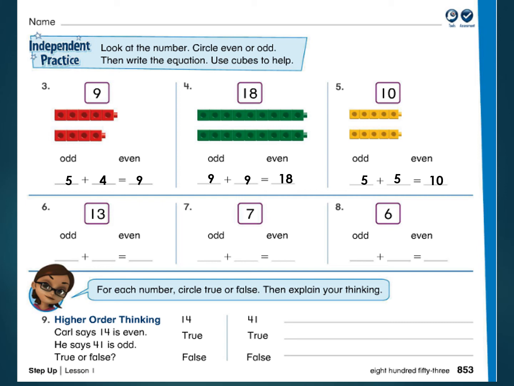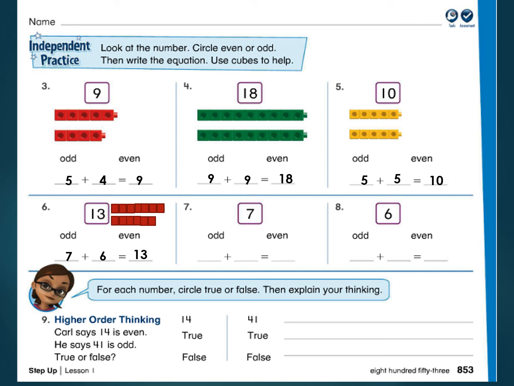Let's start. 1, 2, 3, 4, 5, 6, 7, 8, 9, 10, 11, 12, 13. So, what's the equation? 7 plus 6 equals 13. Great job.